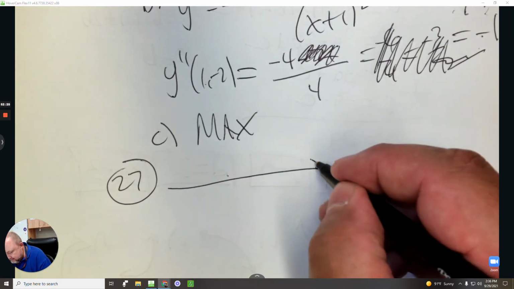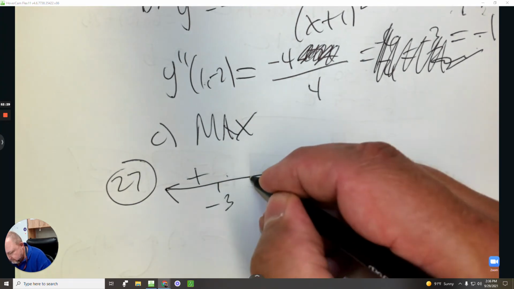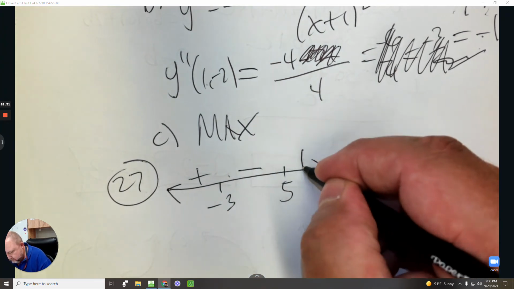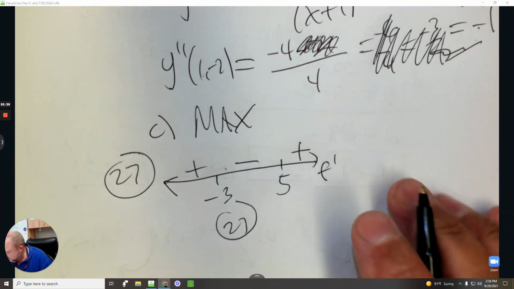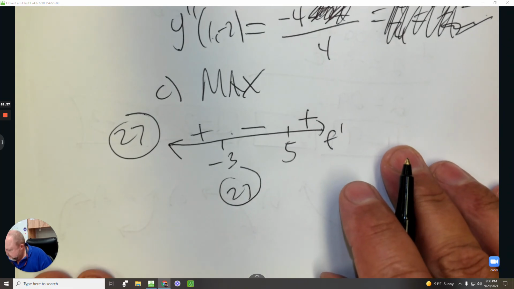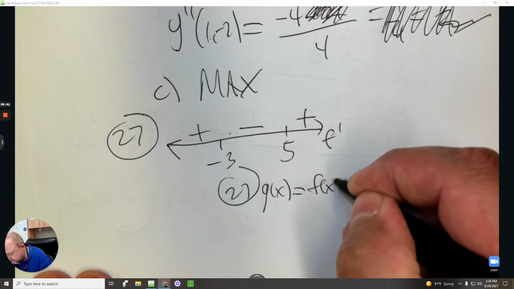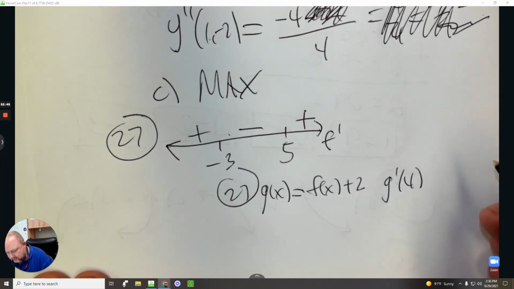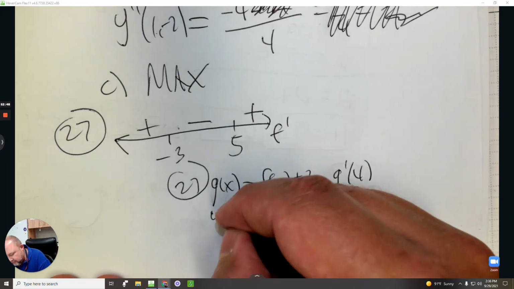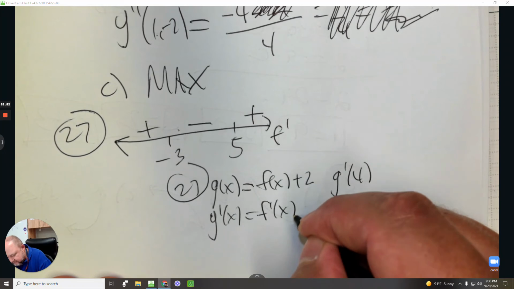Use the number line for the first derivative. So g at x is equal to f at x plus 2. So the derivative at 4 is, so the derivative is the derivative of f.